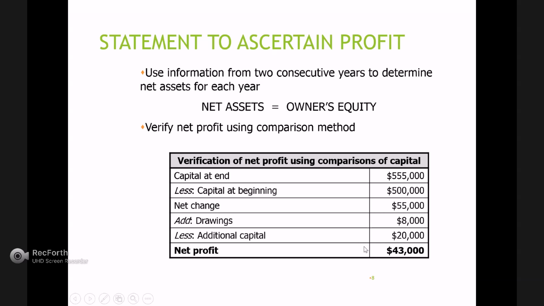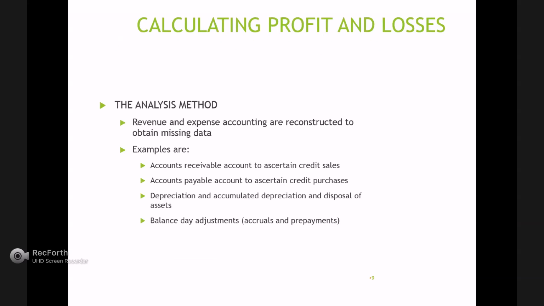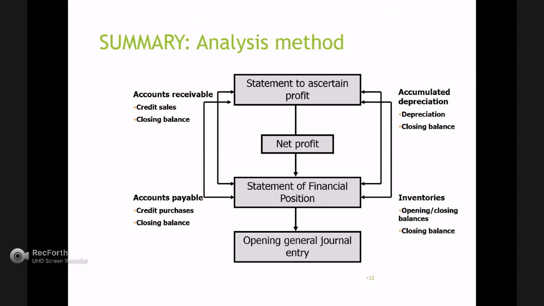So net assets equal owner's equity. Beginning capital, closing capital, drawings and additional capital are given, so you can identify the net profit. These are the methods you have to find out.